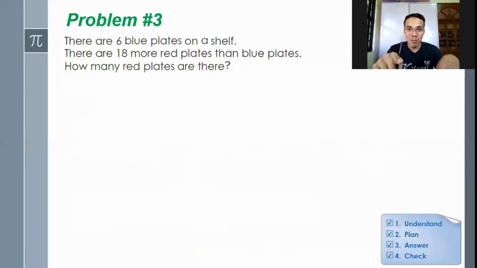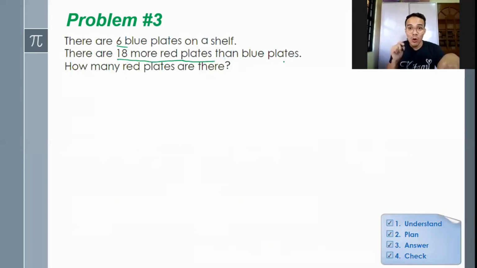Do we know the number of blue plates? If yes, what's the number? It's 6. Do we know the number of red plates? The answer is no. But we know that there are 18 more red plates than blue plates.